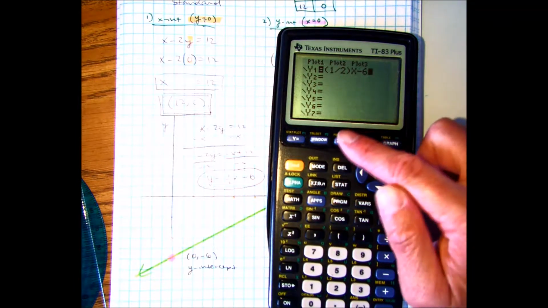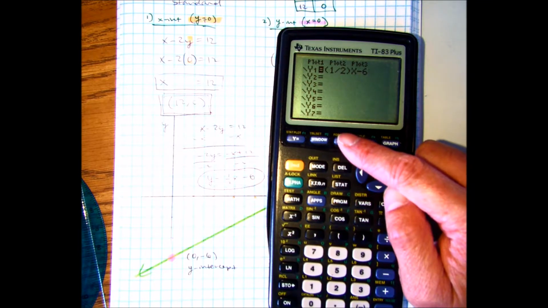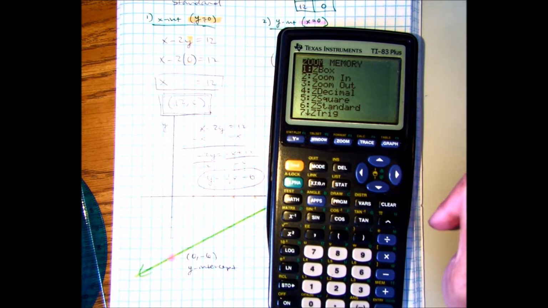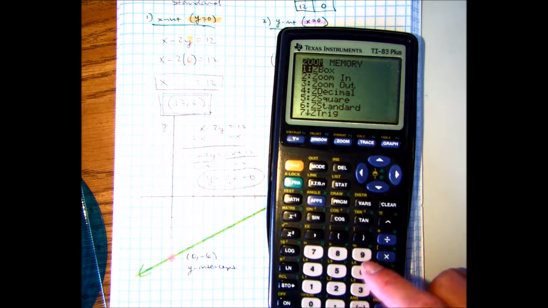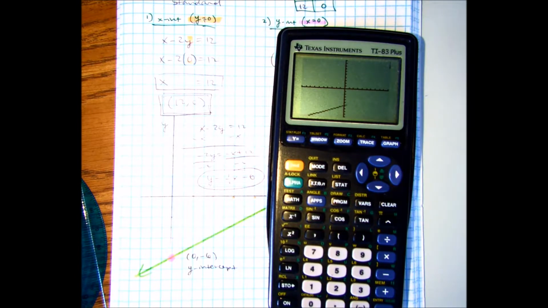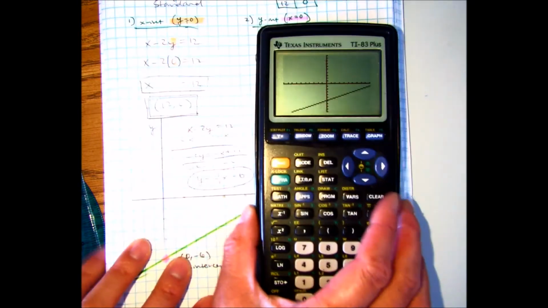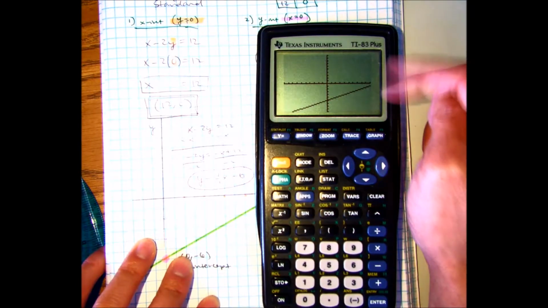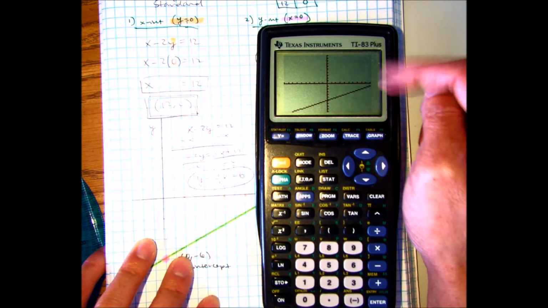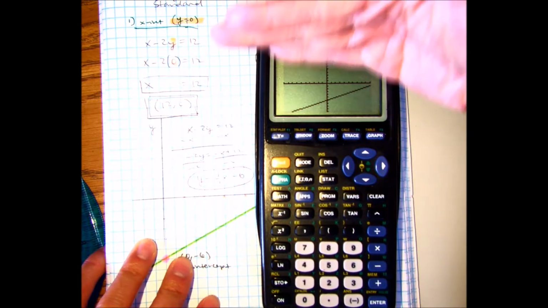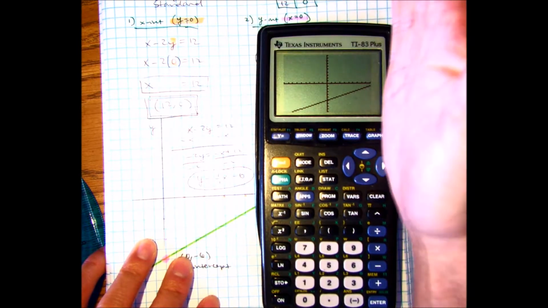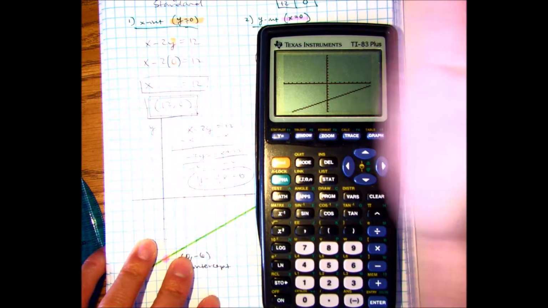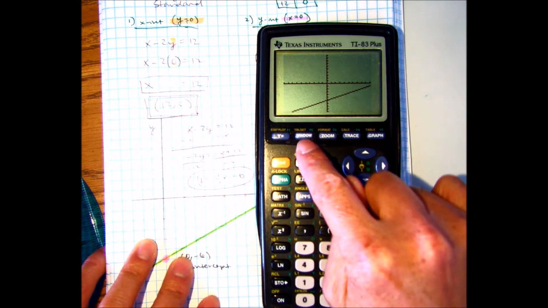I'm going to press zoom number what? Zoom number what? It's not on my graph, right? So this is where we're going to change the window. I don't need as much y max, so I can cut that down. And I need to extend the x maximum. So I press window.